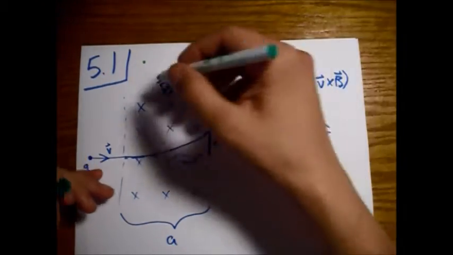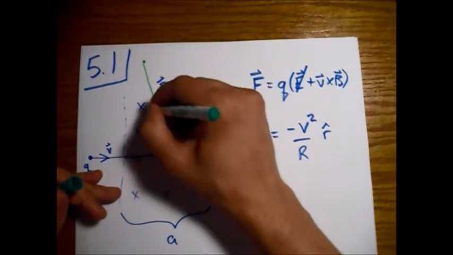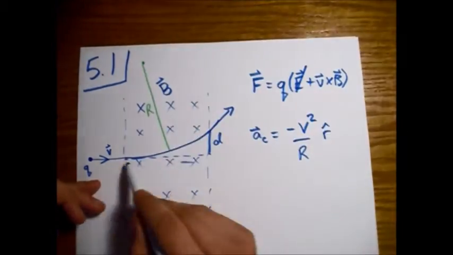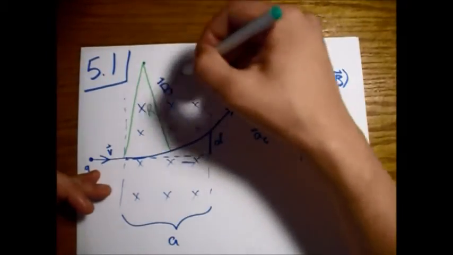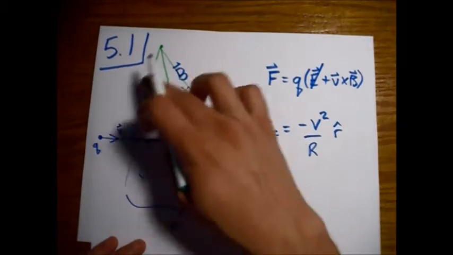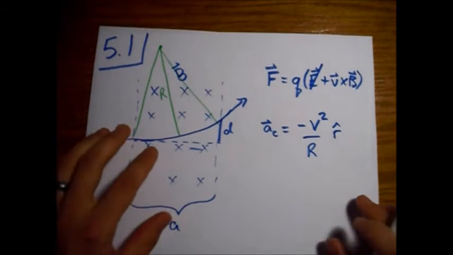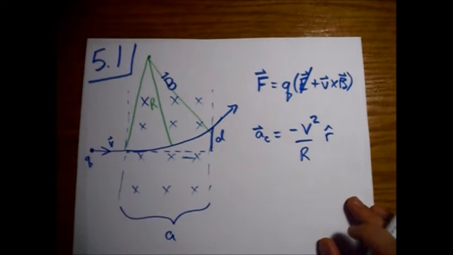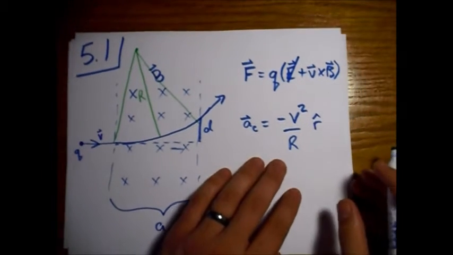If this is the center, I'm drawing this radius to this curved segment of the path. The acceleration has to be pointing towards this center to get this circular path.